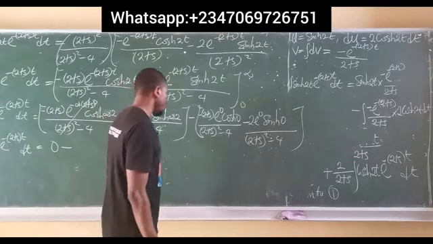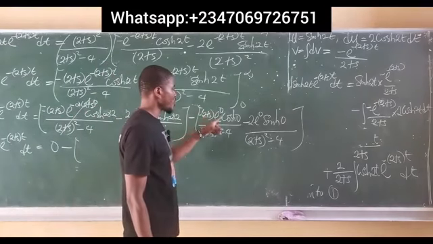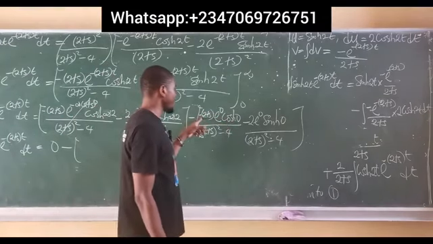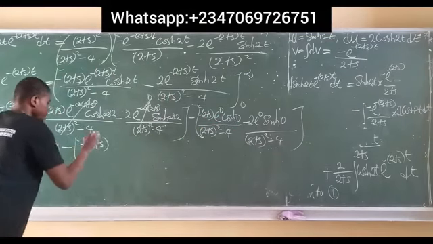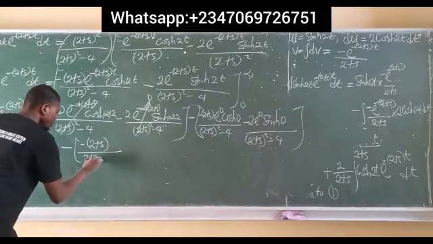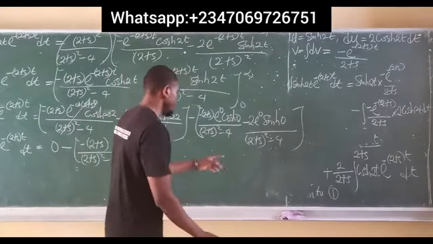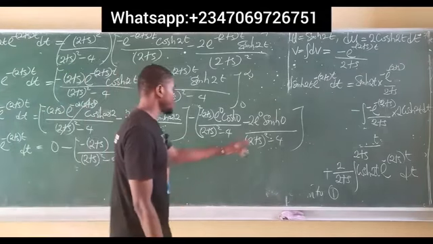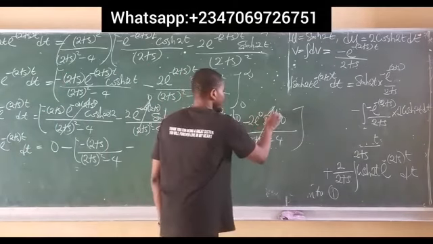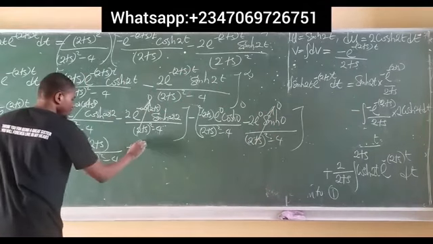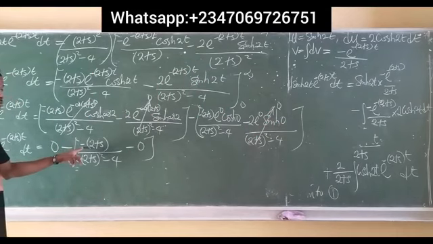Now let's evaluate the lower limit. Exponential 0 is 1, cosh 0 is also 1. So 1 times minus (2+s) here gives us minus (2+s) all over (2+s)^2 - 4. That is for this part. This minus e^0 here is 1, but sinh 0 is 0, so automatically everything here becomes 0. Hence, we have this all over 0. So 0 minus minus, so minus times minus becomes plus.